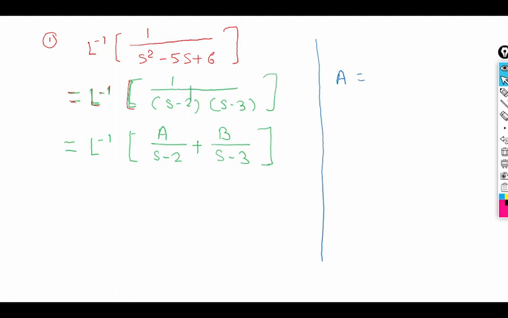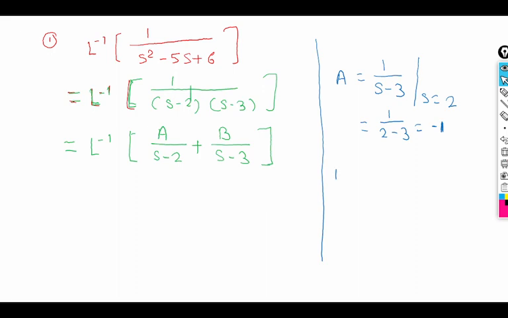If we ignore s minus 2 from the entire given function, we are left with 1 upon s minus 3, where we put the value of s by equating the denominator of A to 0. If s minus 2 equals 0, we get s equals 2. Putting s equals 2 here, we get 1 upon 2 minus 3, and the value of A is minus 1. This is the simplest method of getting the values of the constants, and that is the shortcut method.